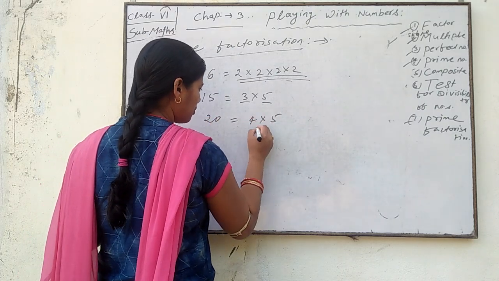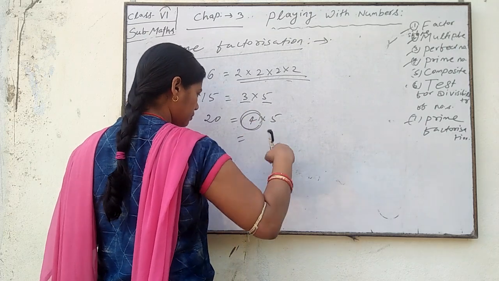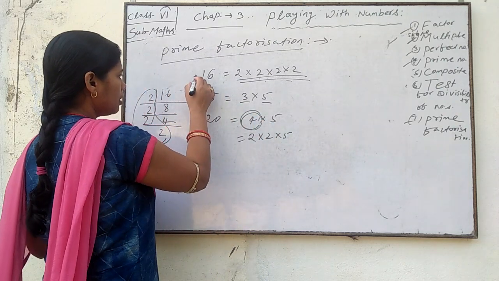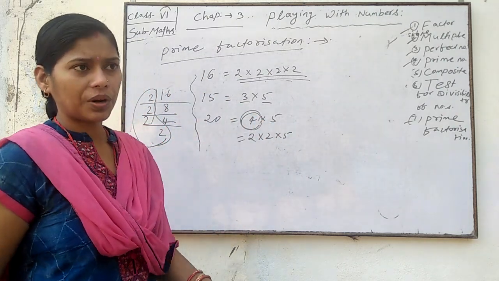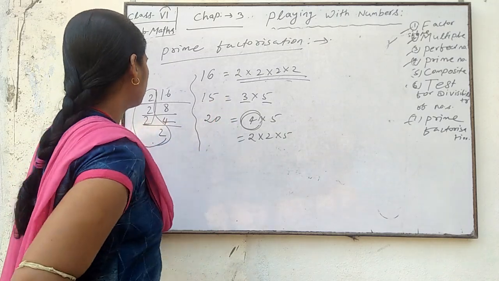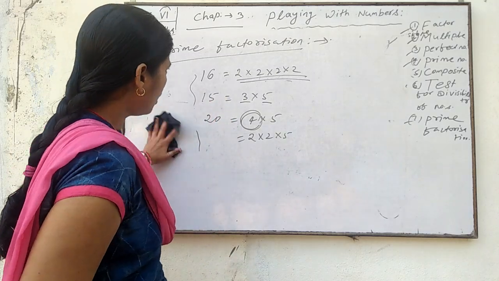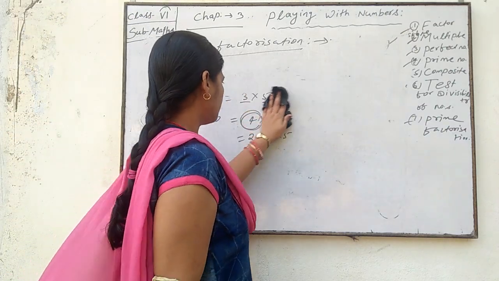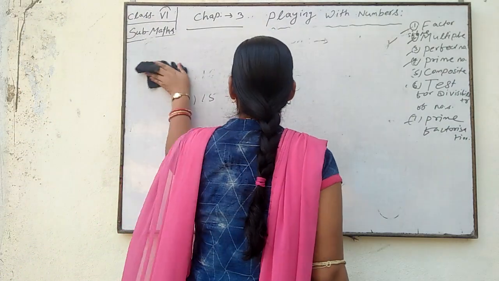First you write 4 into 5. This is not prime, so again you write 2 into 2 into 5. So this is the prime factorization of the given numbers. All clear? Express the number as the product of prime numbers.